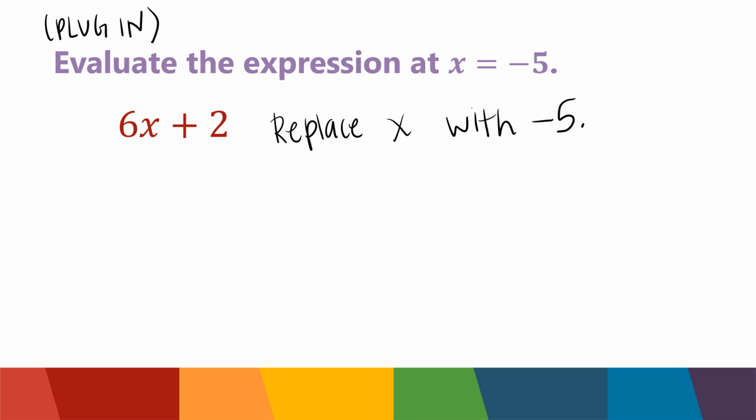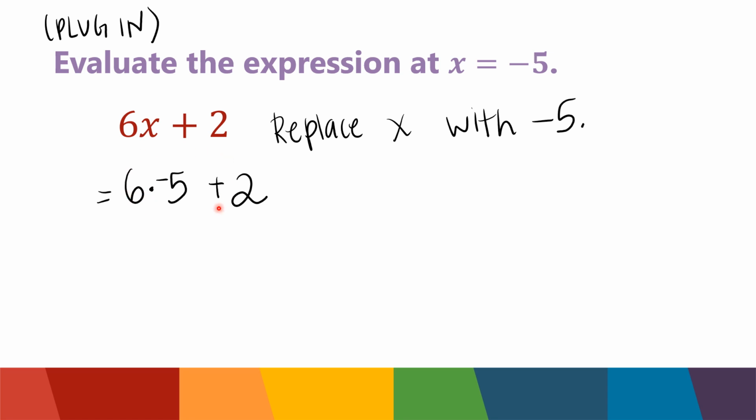So 6 times x, where x becomes -5, plus 2. I've got the equal sign there just to indicate that this came from the previous line. They told me that x is equal to -5, so these two expressions are the same.